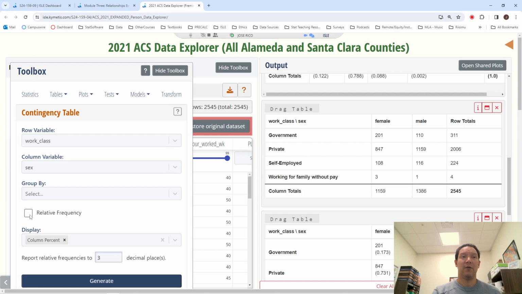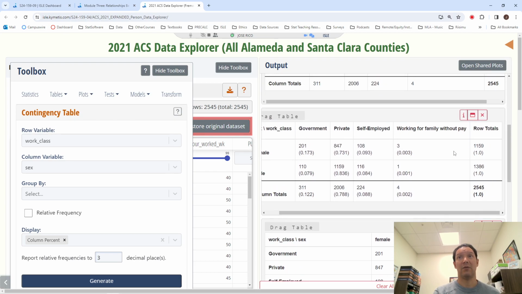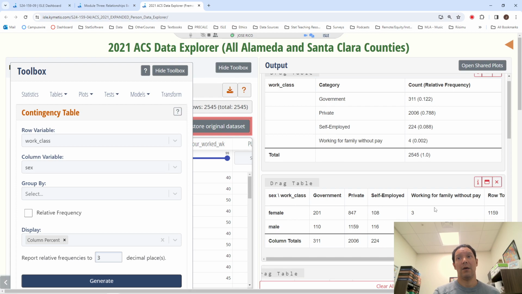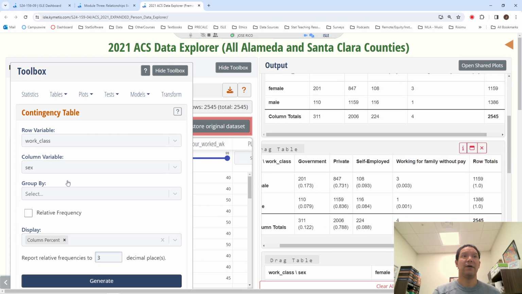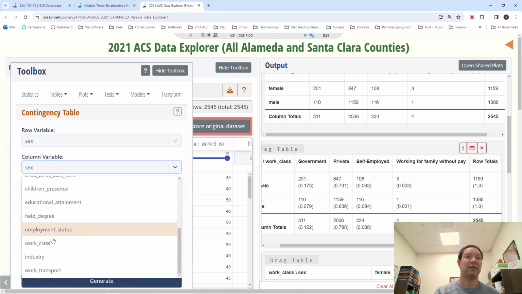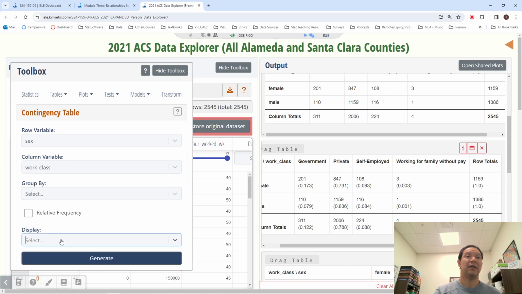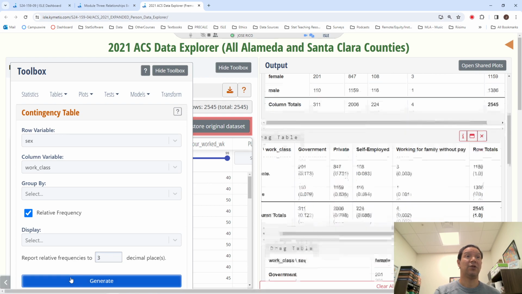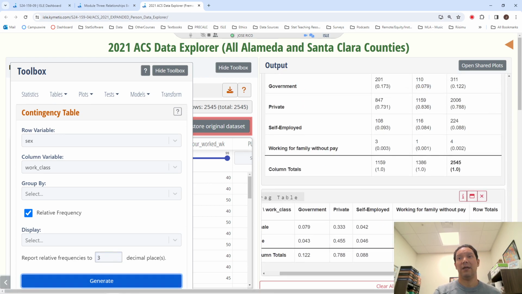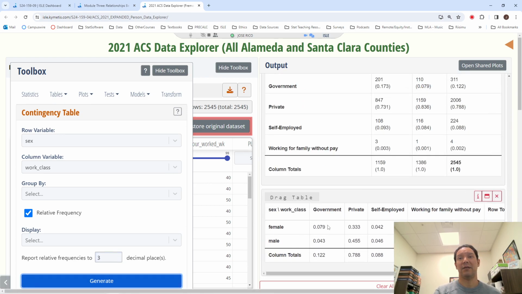Notice we're never hitting relative frequency on a contingency table. We want to calculate our percentages either down the column or across the row. Now be careful, if you did this backwards, you did sex here and work class here, and then say you just did relative frequencies, just to show you what this looks like, it really is hard to make sense because it's not 7.9% of females work for the government.